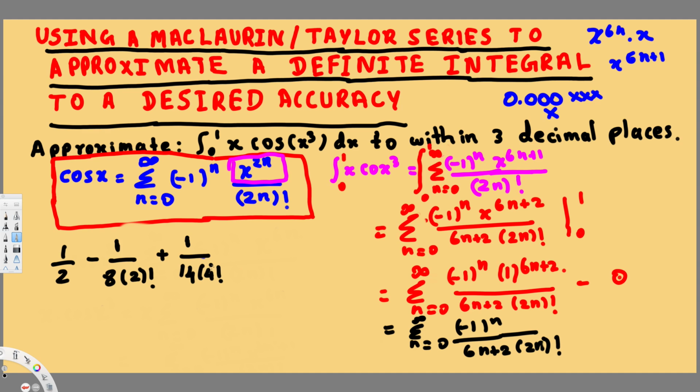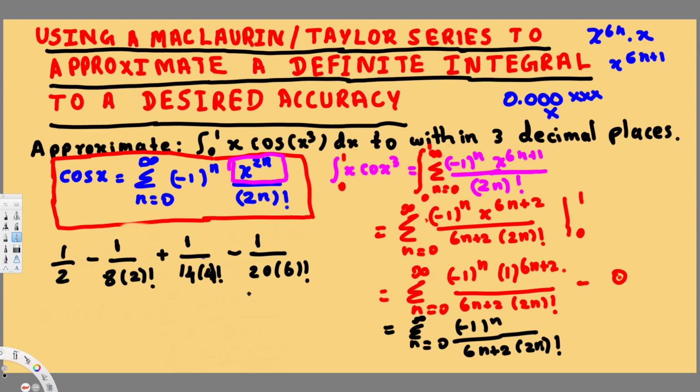And then the next term is going to be, if you plug in 3 for this one, negative 1 again. 6 times 3, 18 plus 2, 20. So this is going to be 20 times 6 factorial. Now we have all the values.